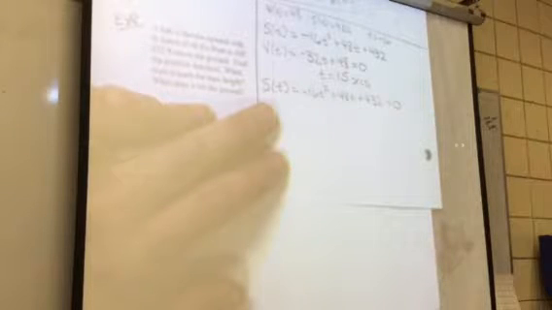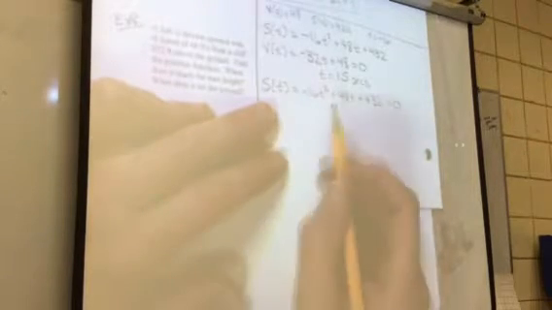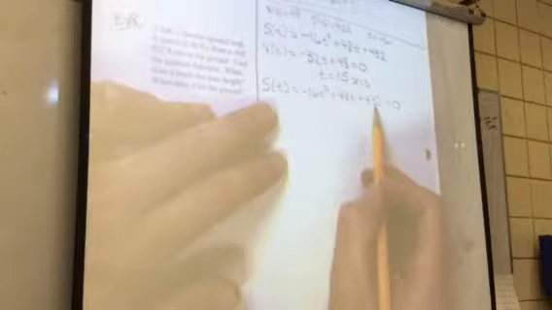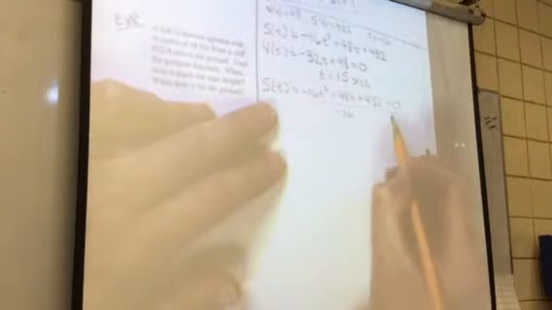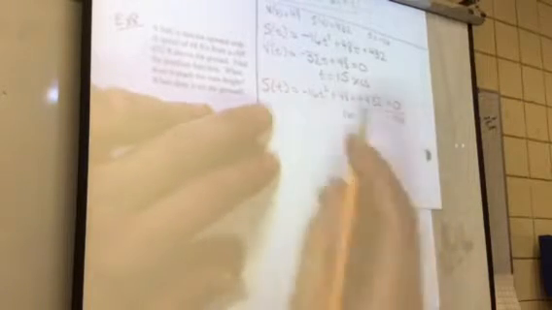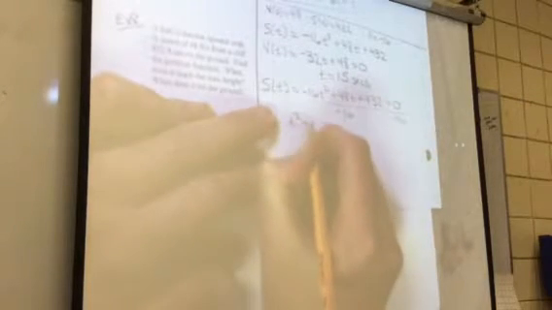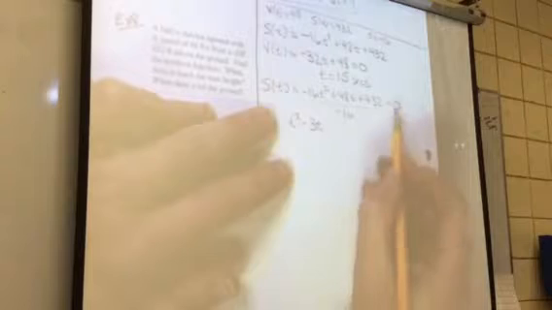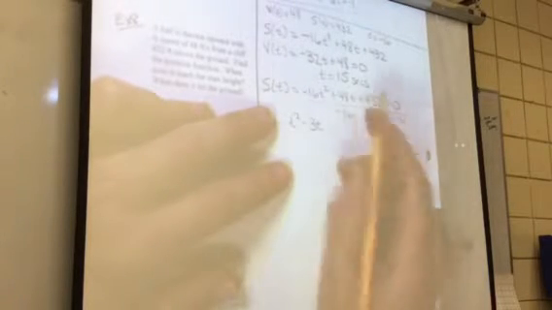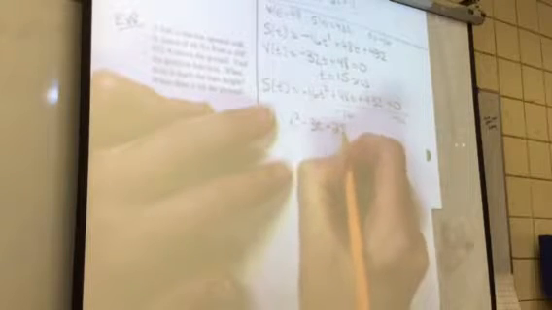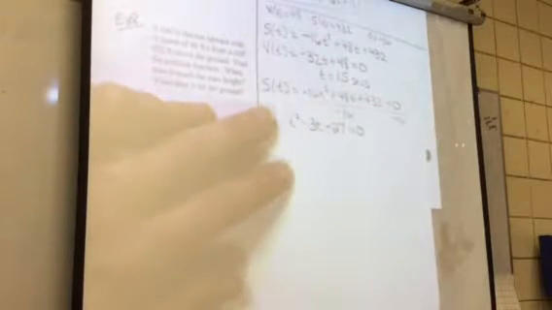Would you try to factor out a 16? Does 16 go into 432? So let's divide everything by negative 16. Okay, so t squared, subtract 3t. How many times does 16 go into 432? 27 times. Minus 27 equals 0.